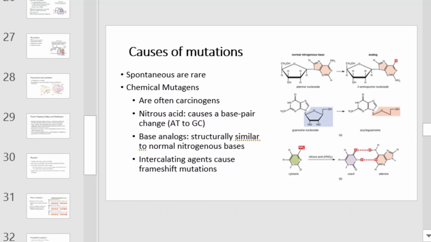Things such as nitrous acid cause base pair changes at the adenine-thymine and guanine-cytosine unions. Base analogs can form from chemical mutagens, where we see structurally similar but different molecules inserted in place of the normal nitrogenous bases. Intercalating agents can also be inserted into the DNA and cause frame shift mutations.